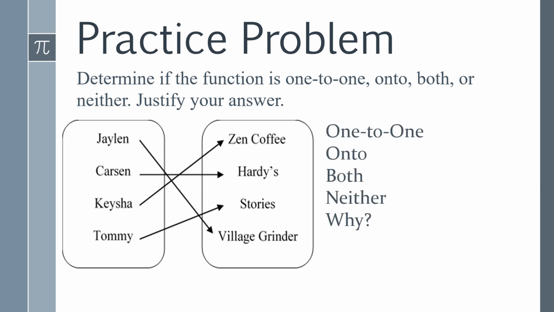Okay, determine if the function is 1-to-1, onto, or both, or neither. Justify your answer. All right, so let's go through the process that we would use here. So Jalen matches up to Village Grinder.